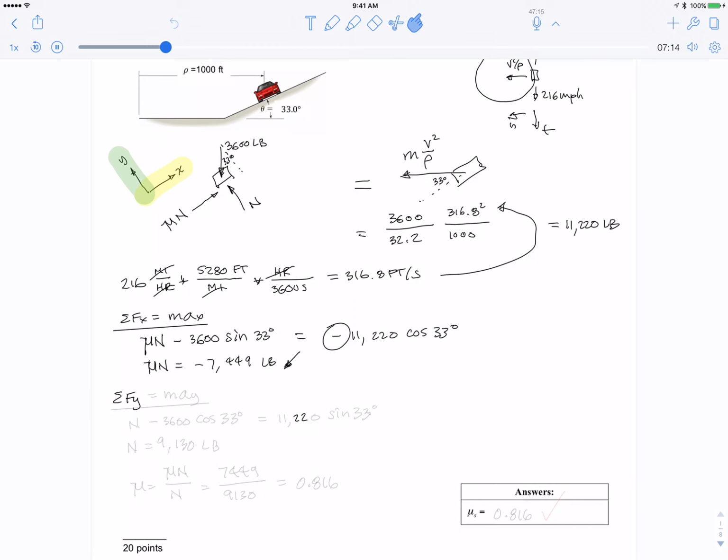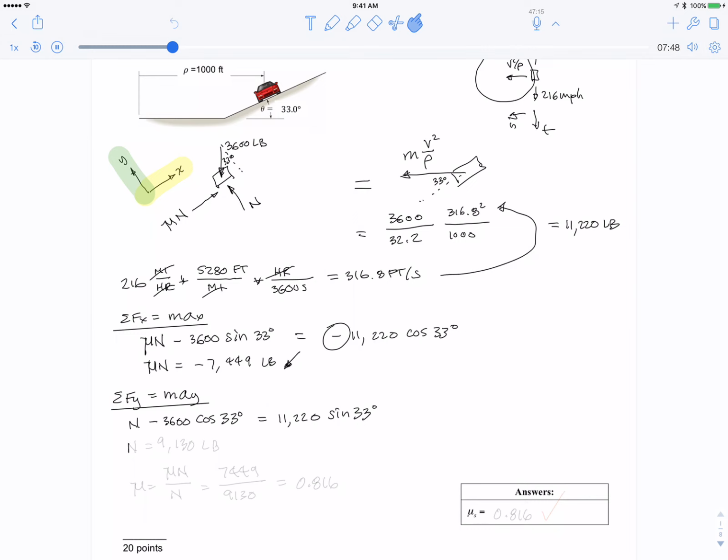Sum Fy equals may. So now we're going to do everything in the y direction, up to the left. So we get n minus 3600 cos 33 degrees equals, and this time it's 11,220 going up and to the left, so that is positive sine 33 degrees.